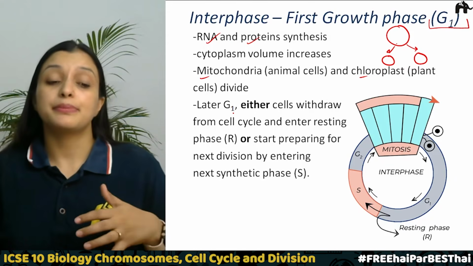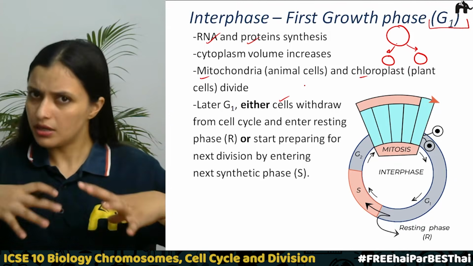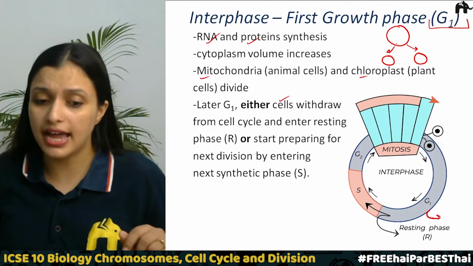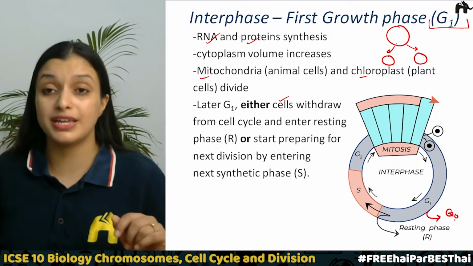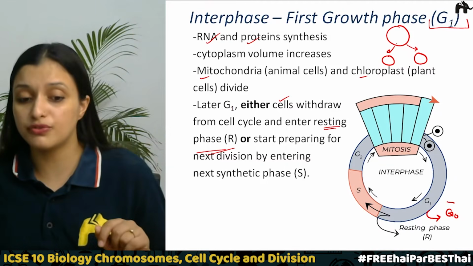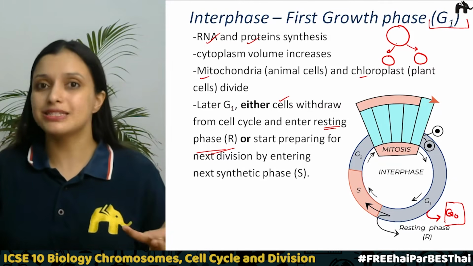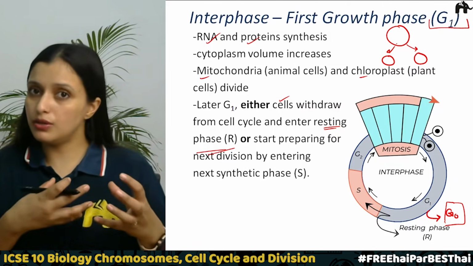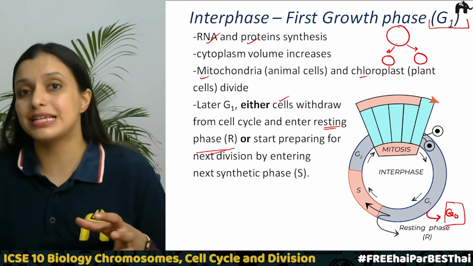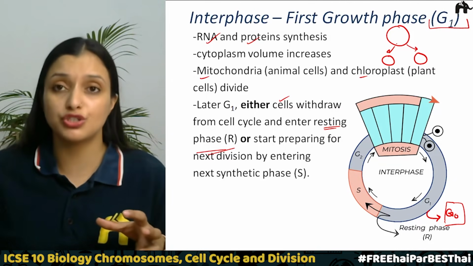Now later in the G1 phase, either the cell will withdraw from the cell cycle and go to the G0 phase, which we also call the R phase or resting phase. In some books you will also find it as the G0 phase. So either the cell will enter the cell cycle, or they will withdraw from the cell cycle and enter the resting phase, that is the R phase or the G0 phase.